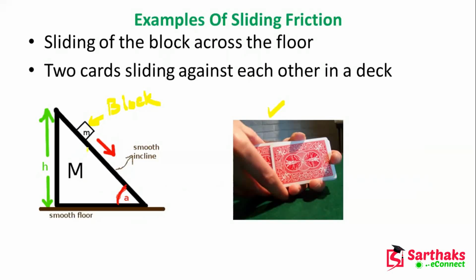If it is a very smooth floor, it will slide down very easily, right, with a very small amount of applied force. But if the surface over which it is sliding down is not so smooth, the sliding frictional force will be high, and you have to apply more force.